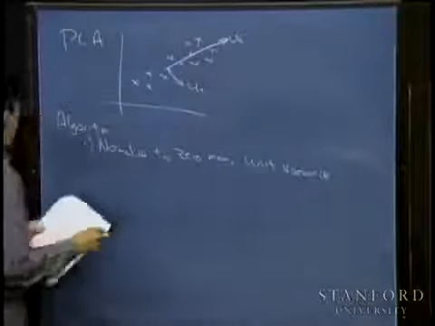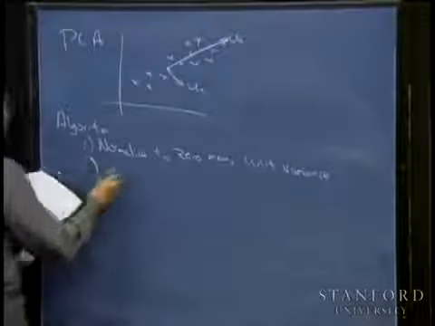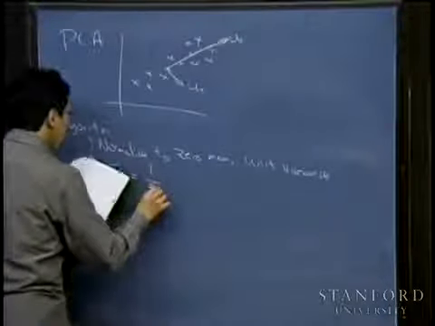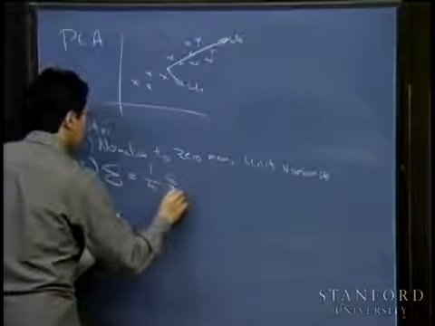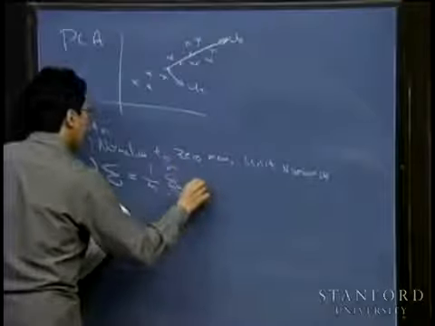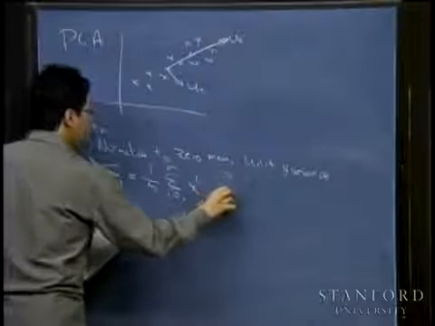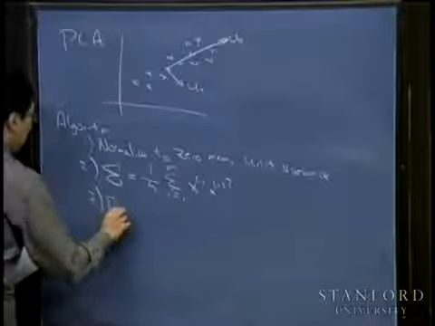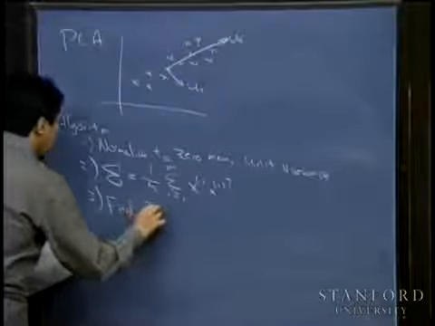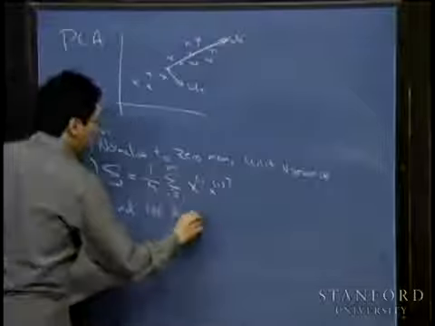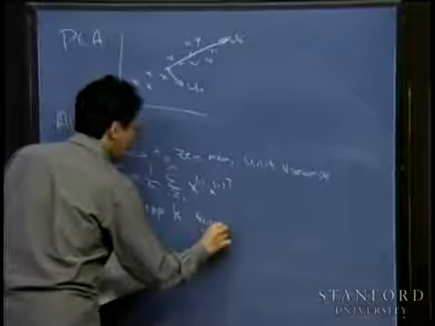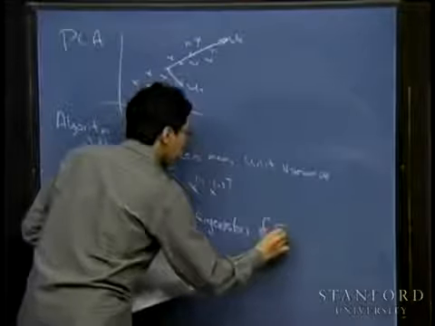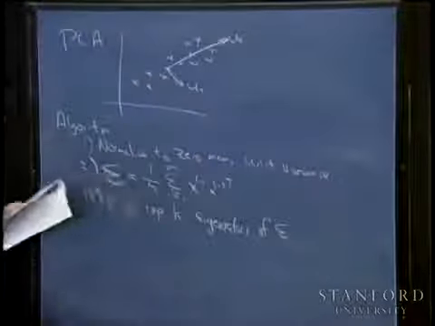The next step was to compute the covariance matrix of your 0 mean data. You compute it as follows: the sum of outer products. And then you find the top k eigenvectors of sigma.